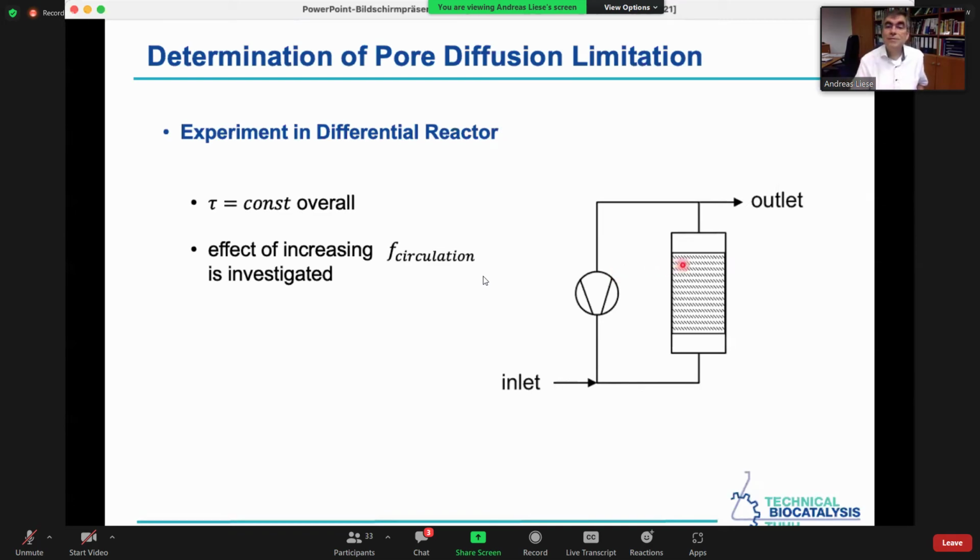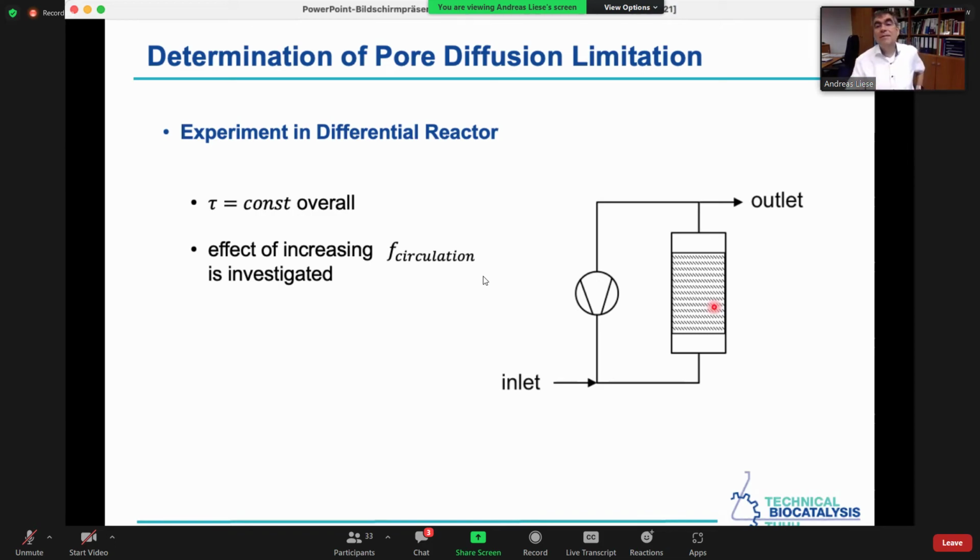But now, if the particles in this packed bed have a defined pore size, and if we have a diffusion limitation in the pores, we would expect that the higher the flux in the cycle, the better the pores are penetrated. And we have a higher flux through the pores, reducing pore diffusion.